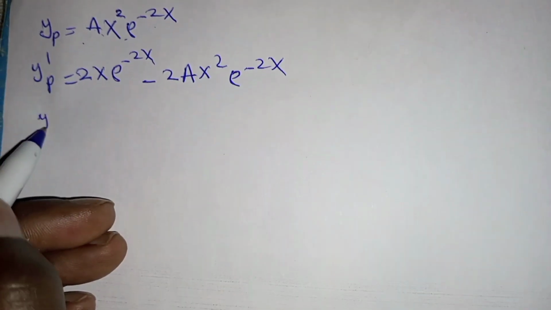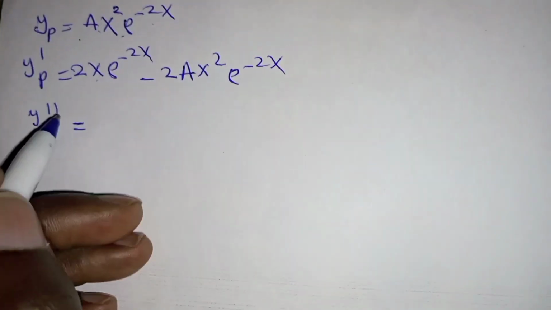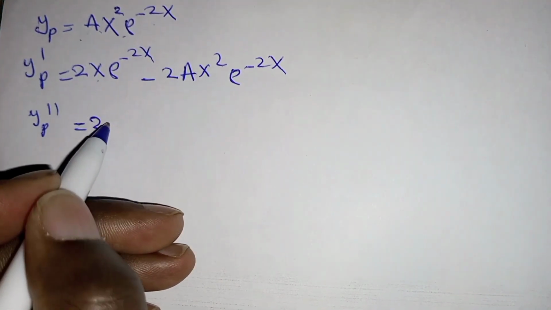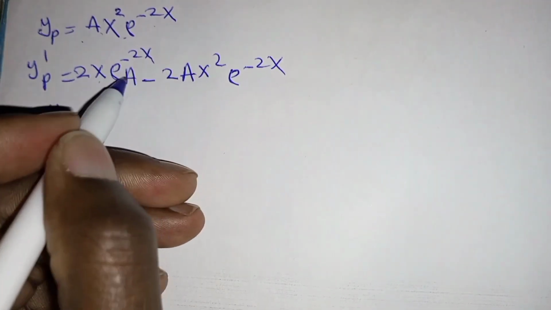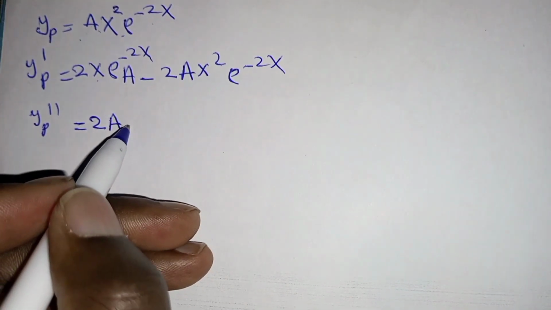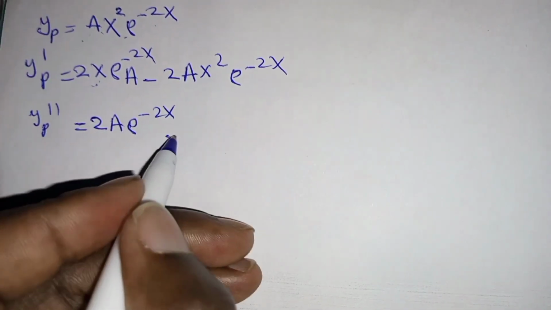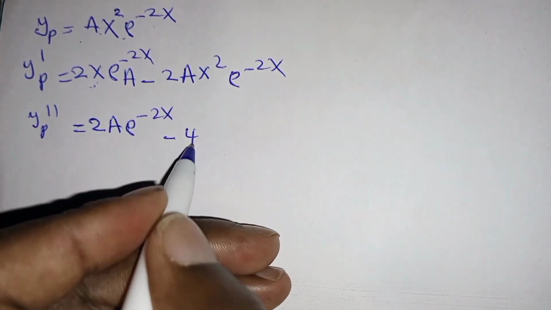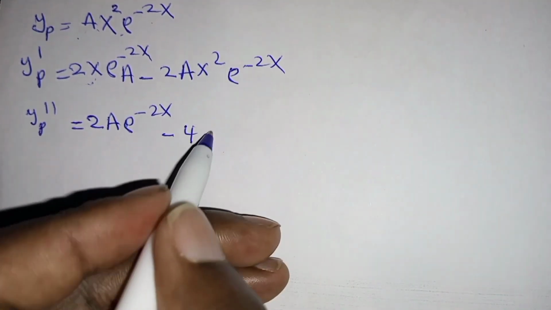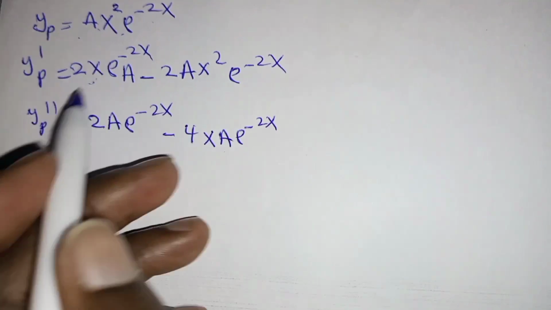We obtain y double prime by differentiating this again, which gives you 2a exponential negative 2x, then negative 4ax exponential negative 2x.